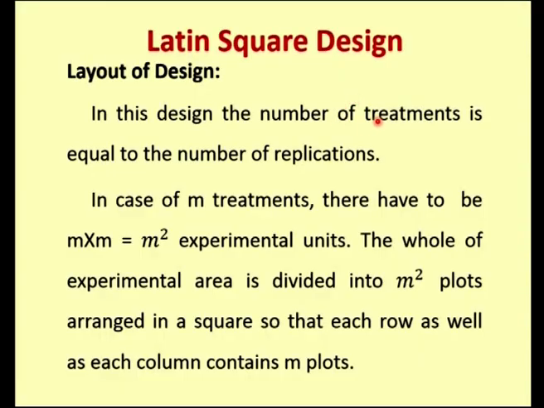In this design, the number of treatments is equal to the number of replications. So, if we have m treatments, there have to be m cross m, which is equal to m squared experimental units. The whole of the experimental area is divided into m squared plots arranged in a square, so that each row as well as each column contains m plots.